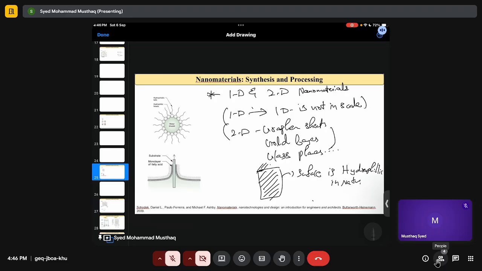Now let's say this is a polymer chain. This is my head, and this is my tail. My head is hydrophilic in nature and my tail is hydrophobic in nature. So that's why they are inverted, right? So the head is attracted towards the liquid but not the tail.